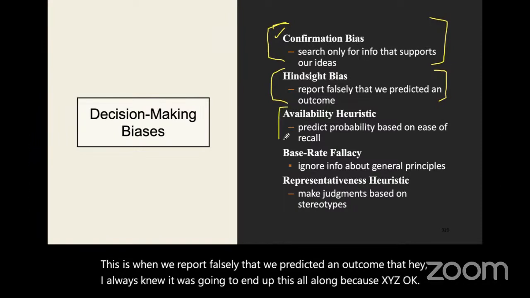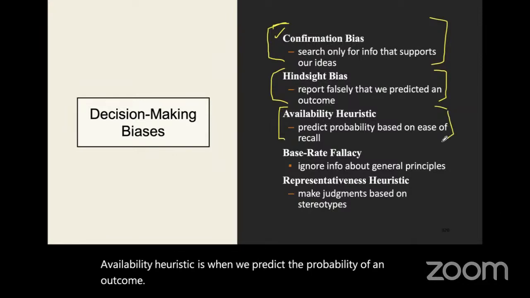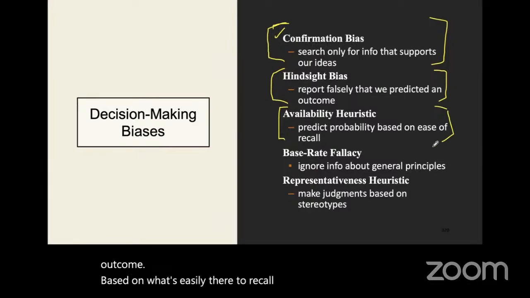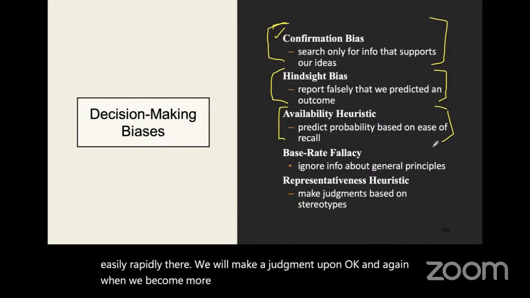Availability heuristic is when we predict the probability of an outcome based on what's easily there to recall. So any information that is easily, rapidly there, we will make a judgment upon, okay? And again, when we become more and more stressed, the more likely we'll use these heuristics falsely, okay?